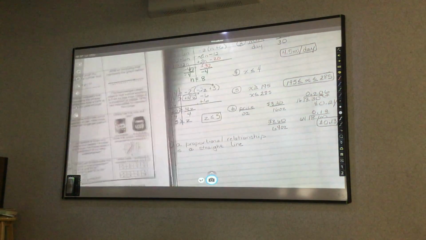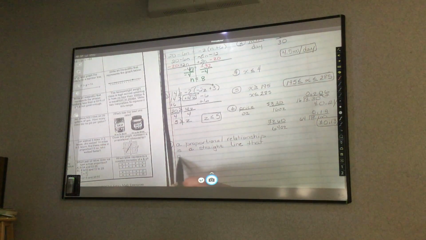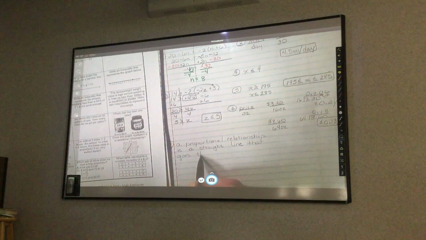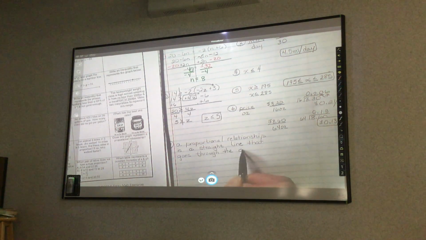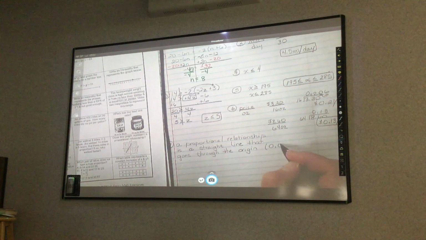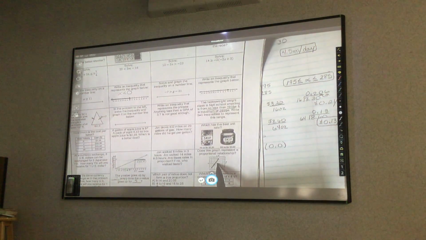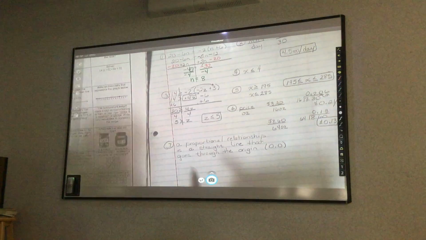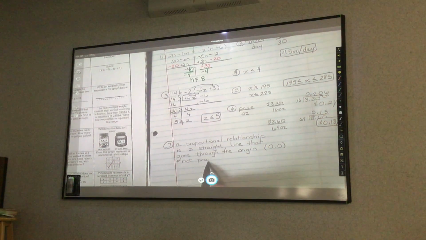Okay, but there's a second part that goes through the origin. And the origin is 0, 0. Does this line go through 0, 0? So it is not proportional. Okay, so it's not proportional.